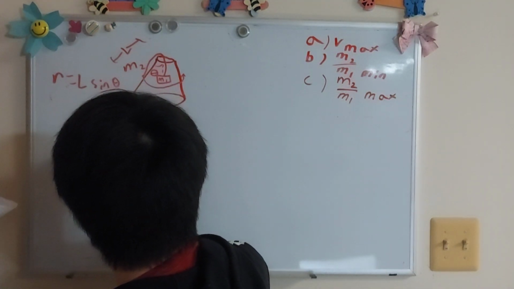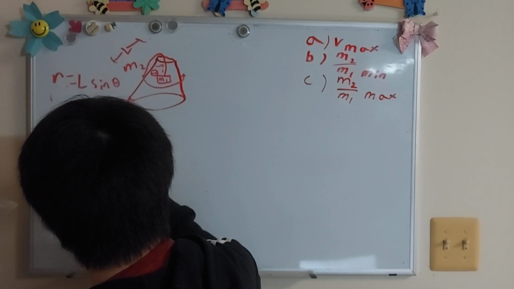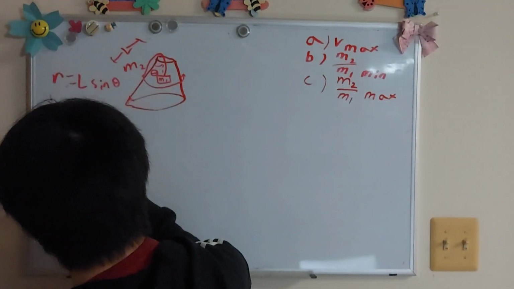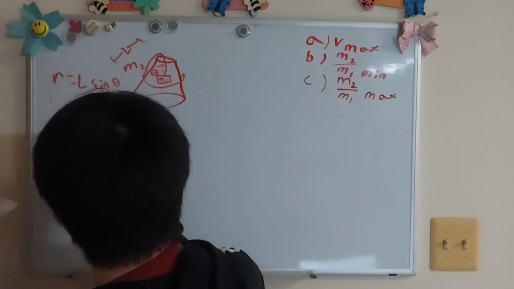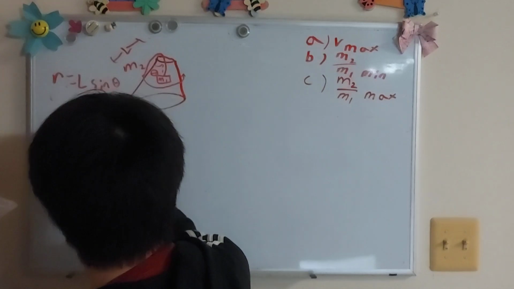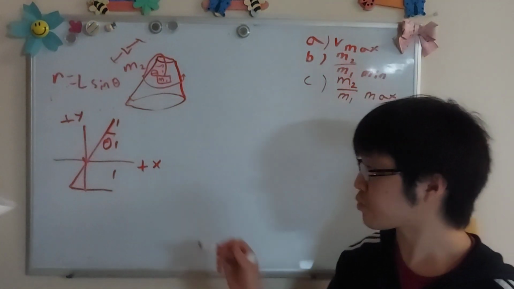So, for mass 2, we draw a triangle like this, knowing that it makes an angle with the vertical called theta. And since we know it's traveling in centripetal motion, we have to set axes like this because centripetal force points horizontal.